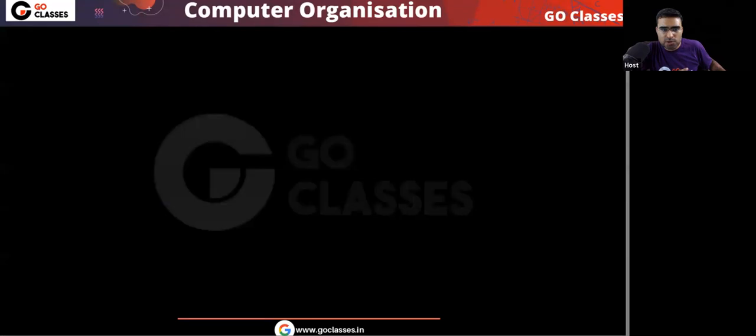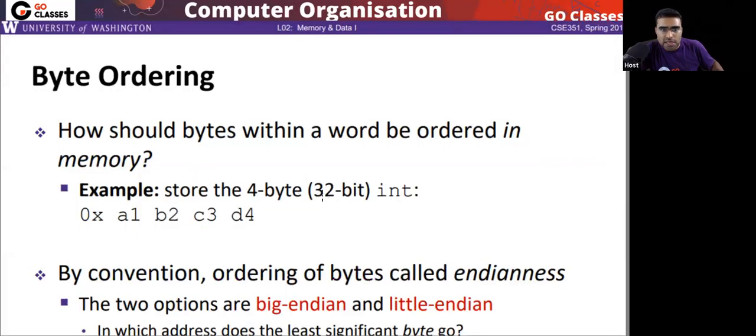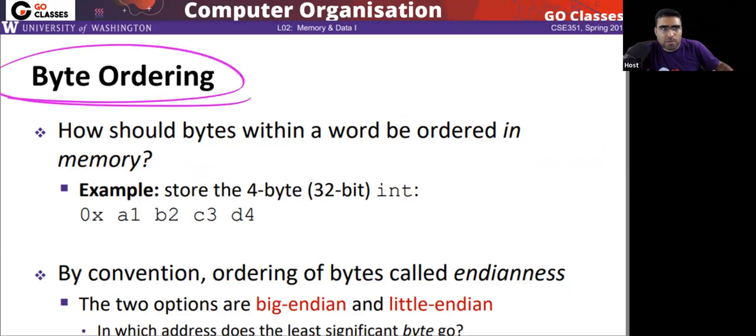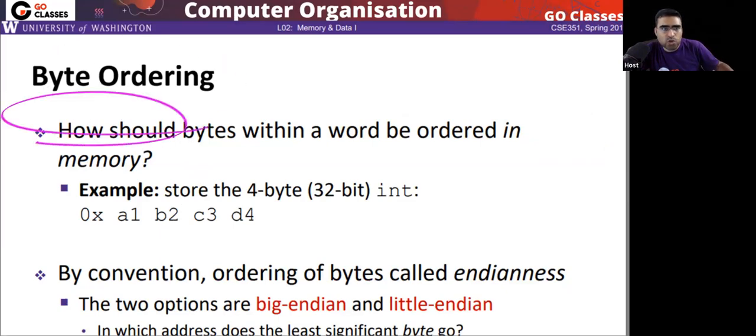Now let's move on. So this is the concept, byte ordering. How should bytes within a word be ordered in the main memory? If I give you a 32-bit word, how will you store it?